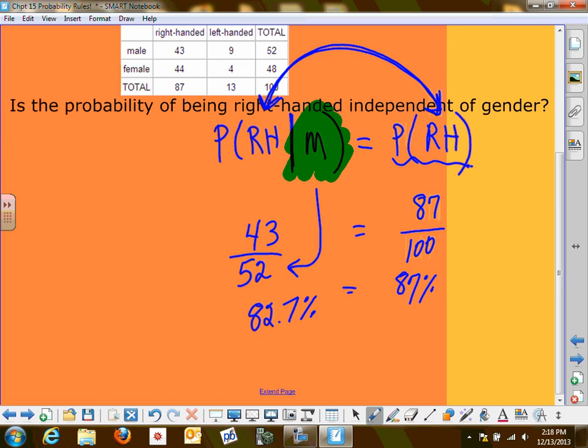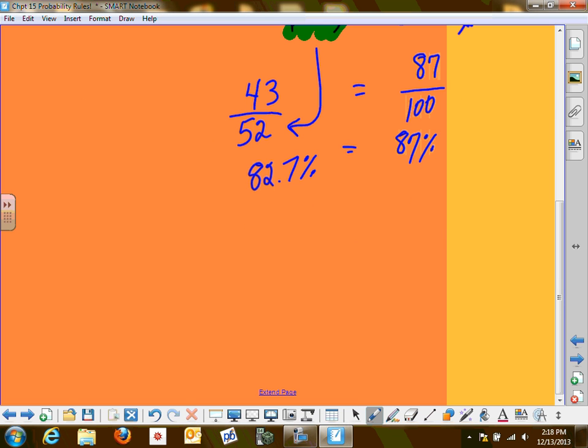So are those percentages the same? No, they are not the same. Therefore, right-handedness and gender are having an effect on one another. So they are not independent.